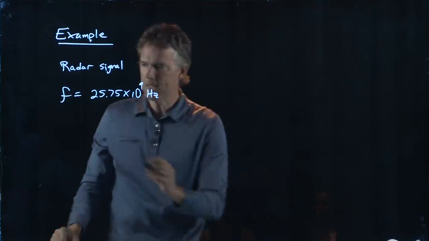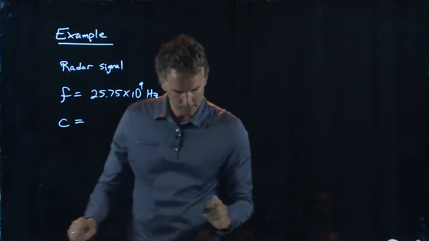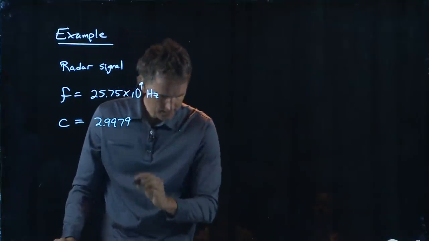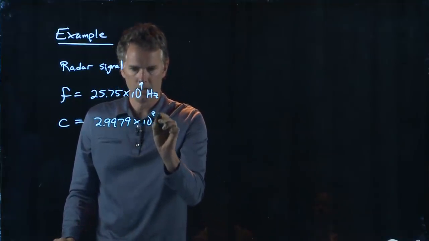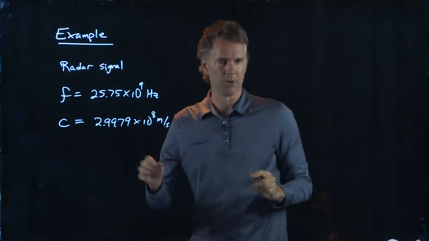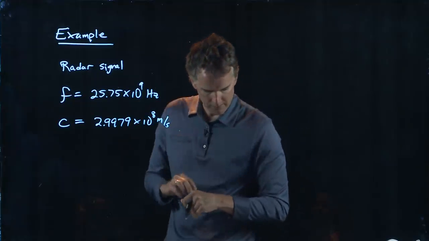So the speed of light, they tell us, is not really 3 times 10 to the 8. It is actually 2.9979 times 10 to the 8 meters per second. So it's pretty close to 3 times 10 to the 8, and that's why we usually approximate it. But this is the exact value.